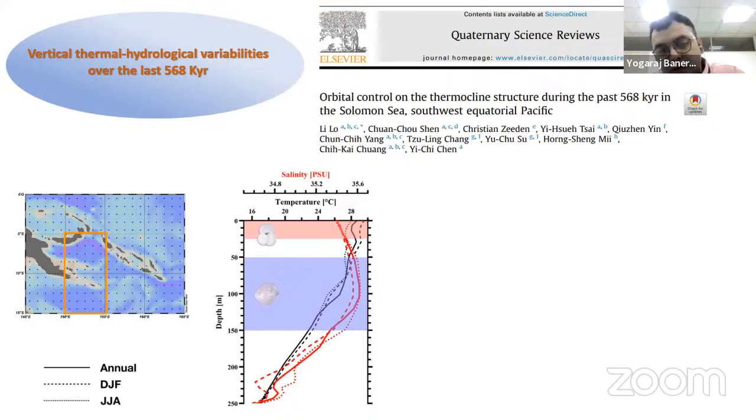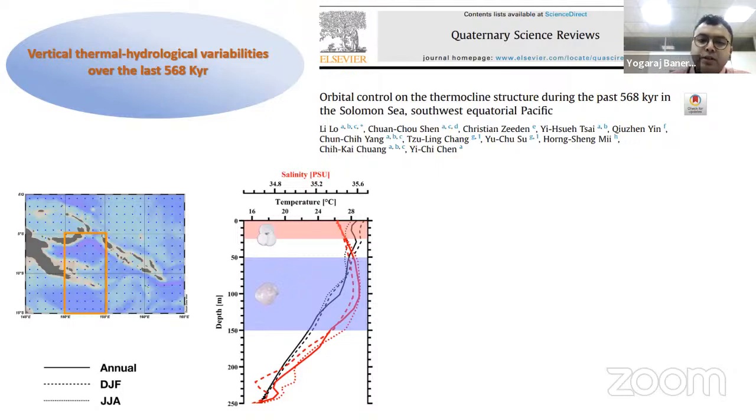The annual, December-January-February, and June-July-August data sets representing these time frames are depicted as shown in the legends. The red lines represent the salinity variability from 0 to 250 meter depth, and the black lines represent the temperature variability from 0 to 250 meter depth in this region.